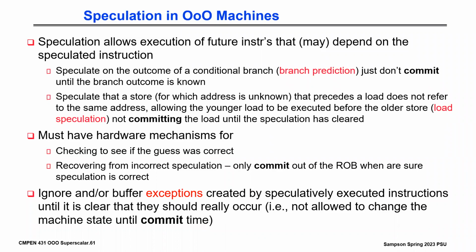Now, why on earth would you ignore completely rather than just buffer? It's not something we talked about, but does anyone have any idea why you might want to legally ignore? In fact, even have the semantics of an instruction be that exceptions should be ignored. It's actually going to relate to speculative loads specifically.